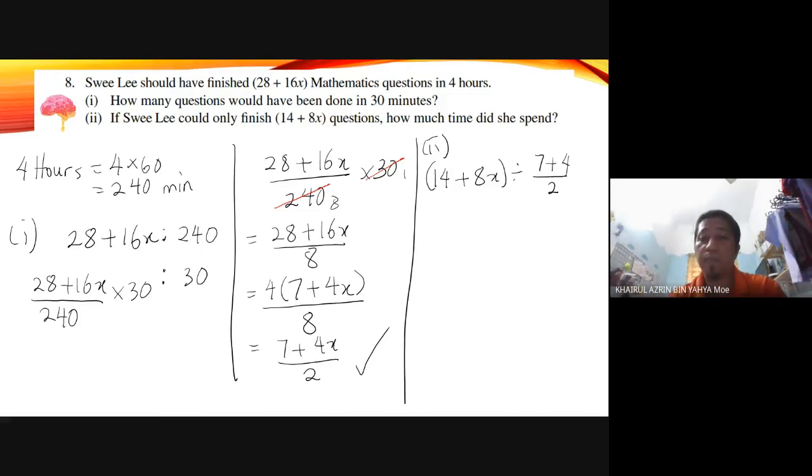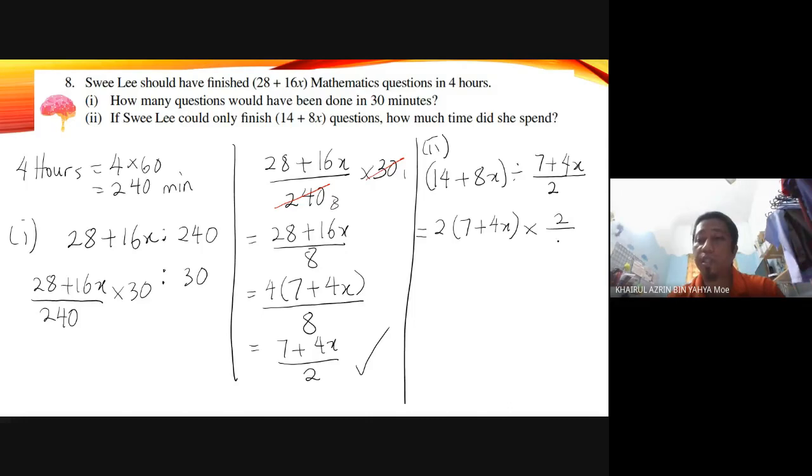So next, this one, 14 plus 2ax, actually we can factorize. We can factorize, become 2, 7 plus 4x. Divide, we change to multiply. And then the fraction, we change upside down. Become 2 over 7 plus, sorry, I forgot the x.